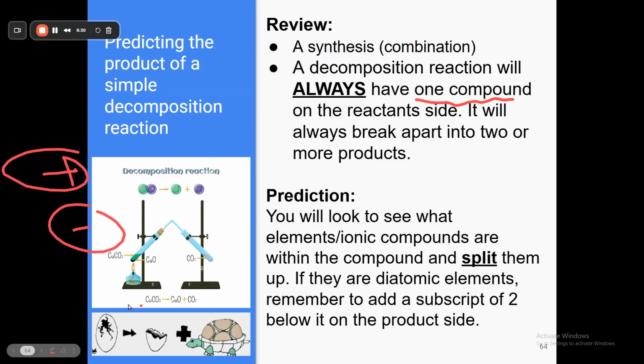So here you've got a copper and a polyatomic ion. So it's got to split between copper and the carbonate. Sometimes you may know it breaking down into 2 separate things, but we'll try to give hints if necessary.